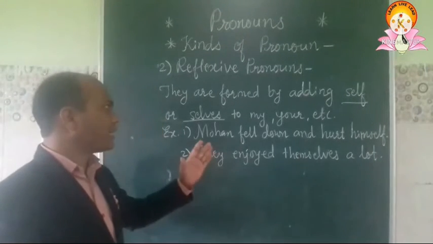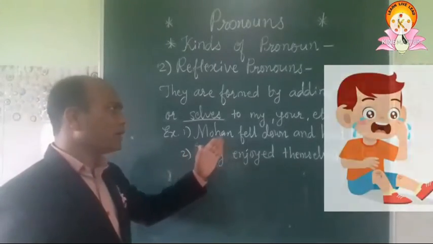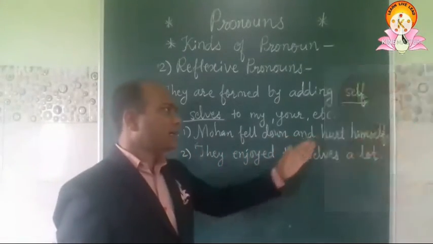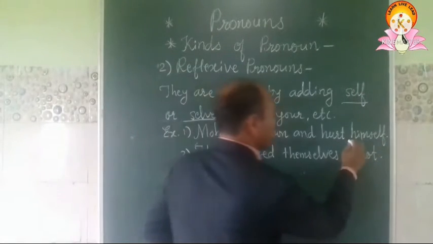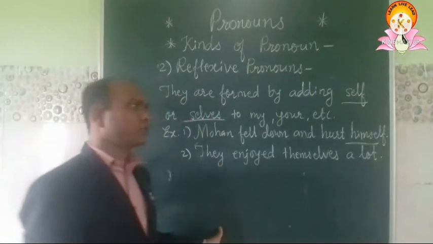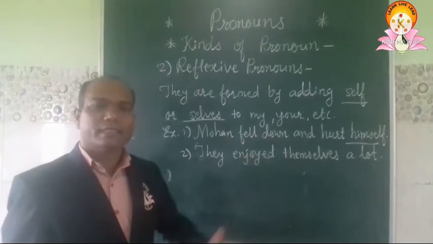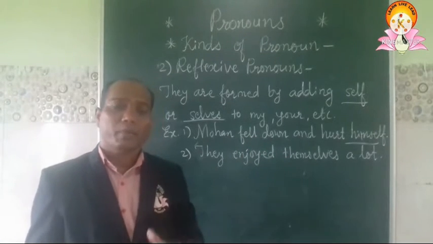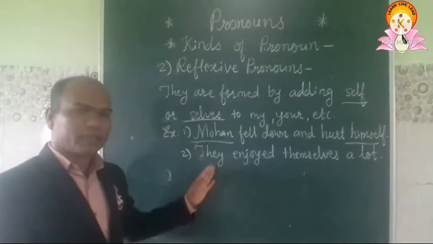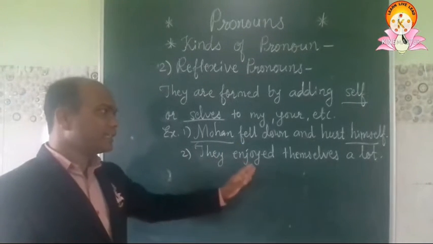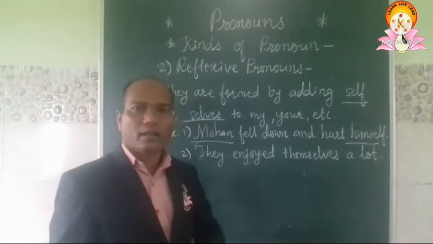Let's see the examples. First, Mohan fell down and hurt himself. Here, himself is the reflexive pronoun, and this reflexive pronoun reflects back the subject Mohan. The second example, they enjoyed themselves a lot.